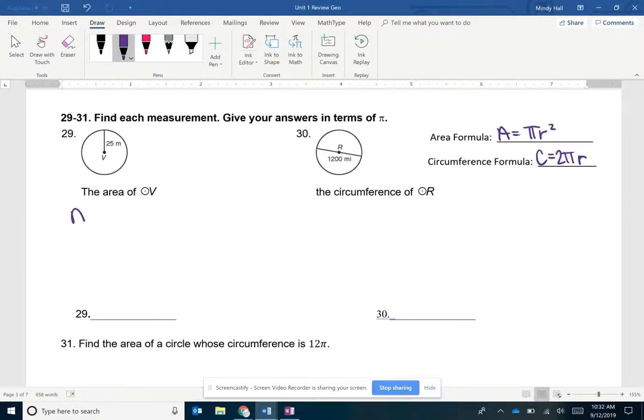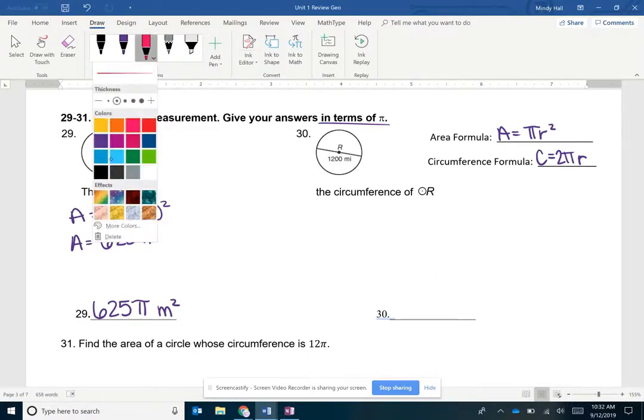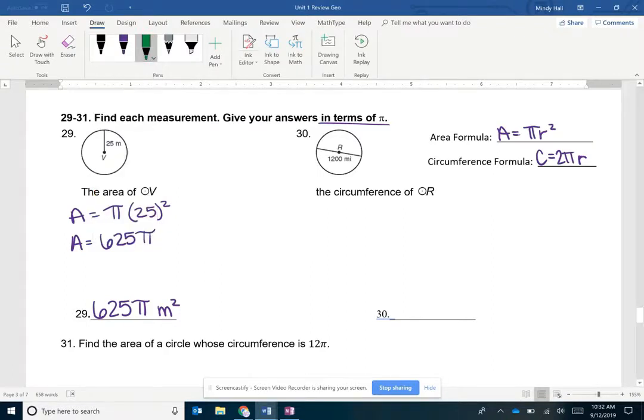So using area of circle V, that would be pi times my radius, which is 25, squared. 25 squared is 625 pi. And because they say give it in terms of pi, I'm just going to leave my answer in terms of pi, 625 pi meters squared. And you're done.